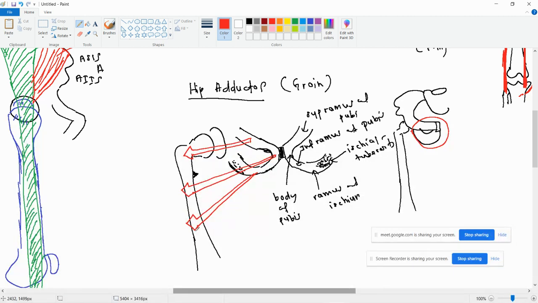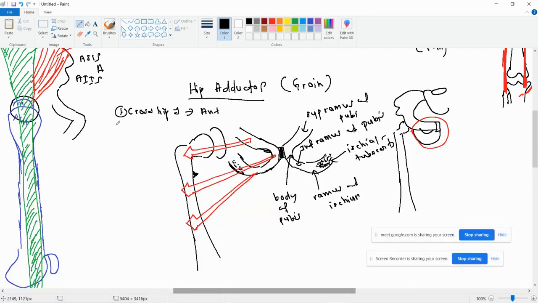Number one, you should remember these muscles cross the hip joint anteriorly. That's number one, the rule for how your hip adductors act as hip adductors.